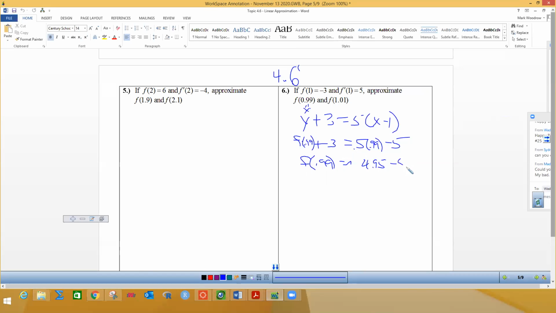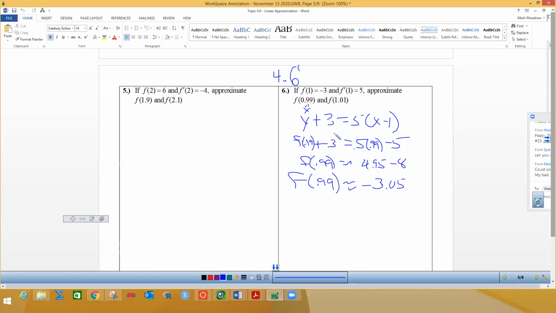And then I've got minus 5 because I'm subtracting that over. So this will be approximately, that'd be -3.05. So that would be the approximation of f of 0.99.